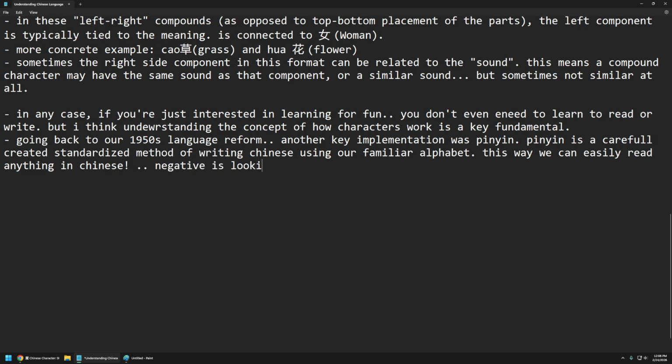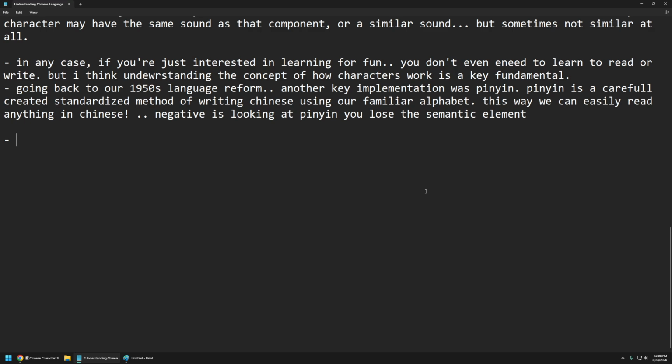The negative is, looking at pinyin, you lose the semantic element. So you wouldn't be able to know for sure what a given thing means without seeing the character itself, although you can often guess based on the context if it's not a standalone word.